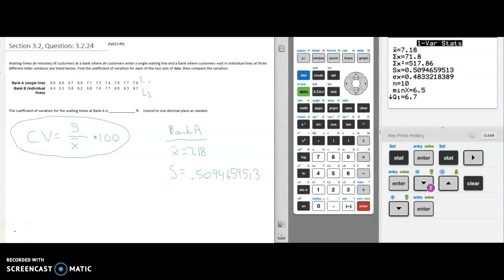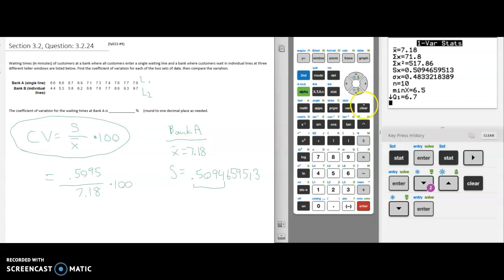Now we're going to fill in the formula for the coefficient of variation. I'm going to take the standard deviation, rounded to 4 decimal places, over my sample mean, and multiply by 100. So I'll get 0.5095 over 7.18, multiplied by 100.